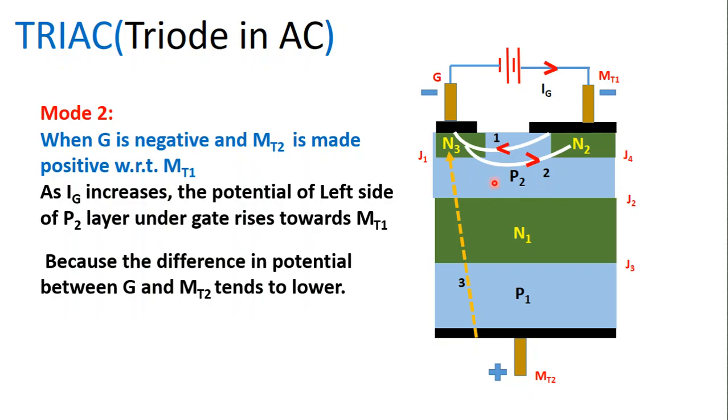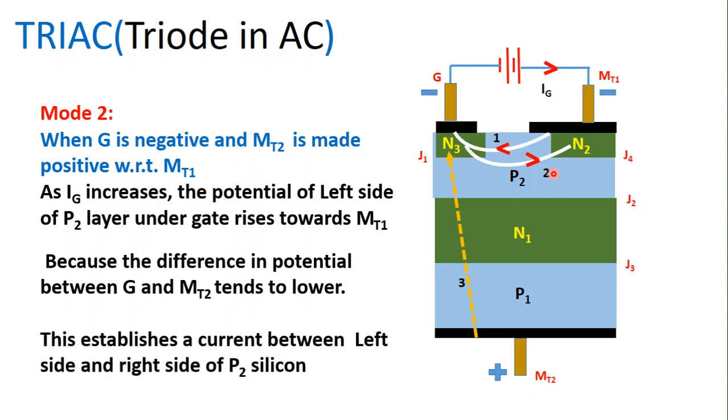One potential difference will exist, and because of this potential difference, one current will flow from the left side of the P2 layer to the right side of the P2 layer, shown by this white arrowhead number 2. So this is the current which is established.